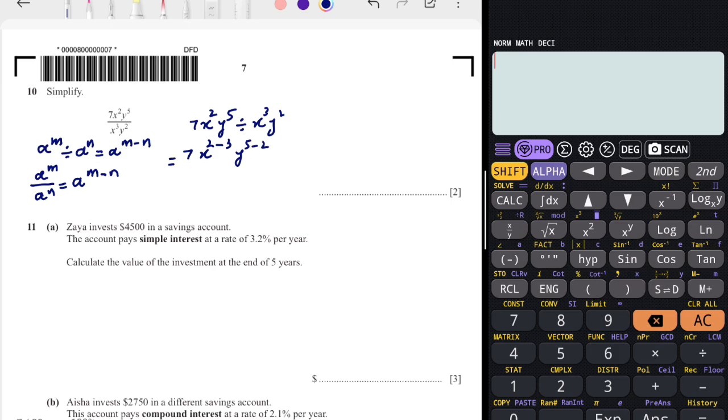So it would be subtracted: 7x^(minus 1) y^3. So the final answer would be 7y cubed over x. 7y cubed over x is the final answer. Now next question.